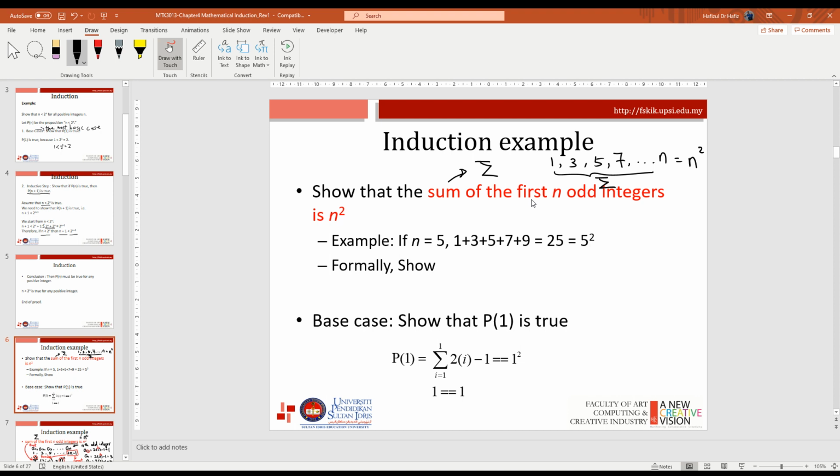Show that the sum of the first n odd integers is n^2.